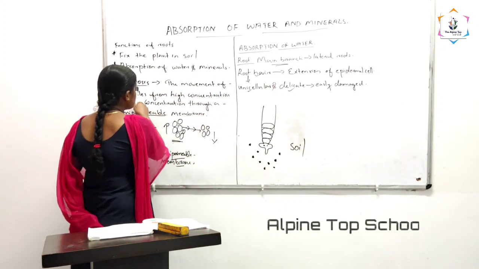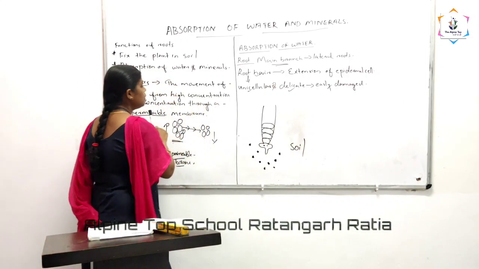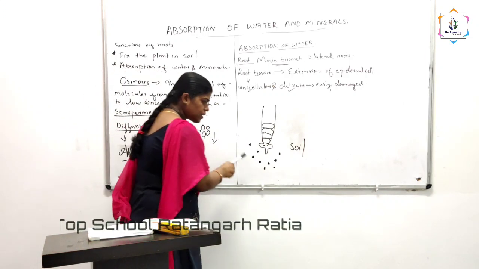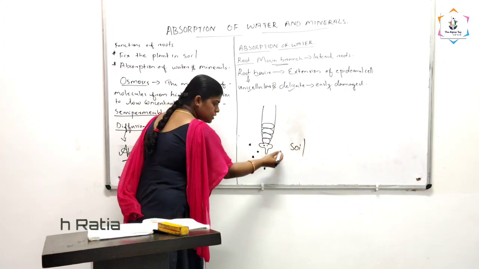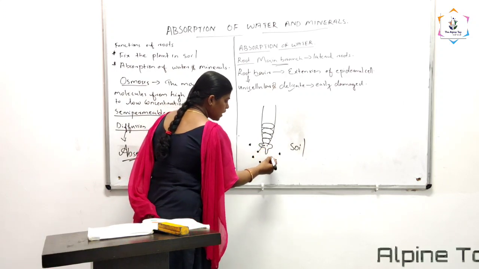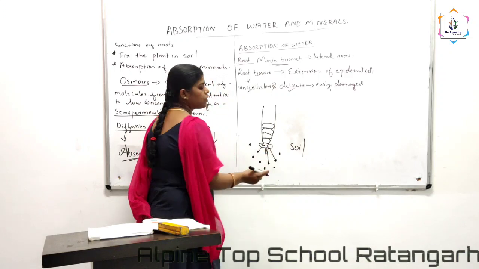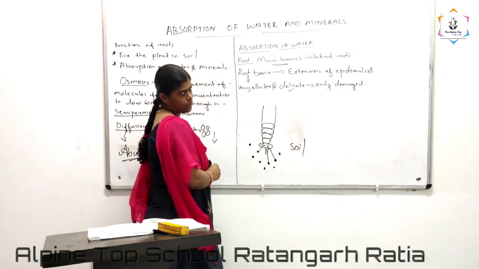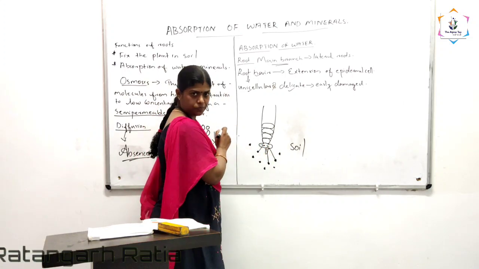We know what osmosis is. It is the movement of molecules from high concentration to low concentration. So what is really happening here? From the high concentration, means from the soil, the water molecules will start to get into the cell. It will start to get into the epidermal cell and it will get filled with water.